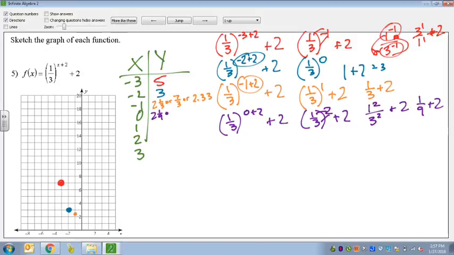And I'll just go ahead and make it a decimal right now. Actually, I don't know what 1/9 is off the top of my head. Let me plug that in. 1 divided by 9, 0.11111. Okay, so let's see, 2.11.